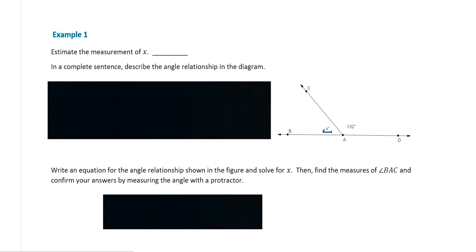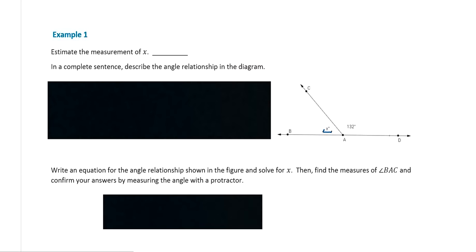So we actually have 2 angle measures here. We have angle measure CAD or DAC, doesn't matter which one you put as long as A is in the middle, and angle measure BAC.